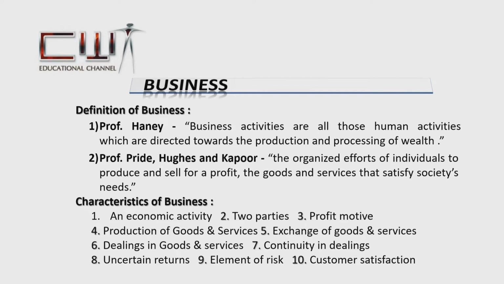That is known as the exchange of goods and services. So business is an activity which deals in goods and services. It produces, it exchanges those goods and services, and maybe there could be trading also happening in business. A businessman may buy goods from one party and sell to another party. That is also known as trading or business.